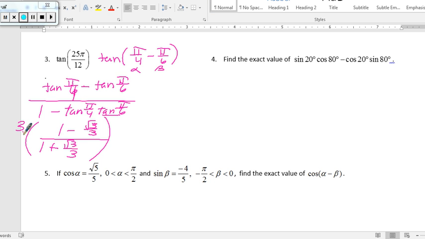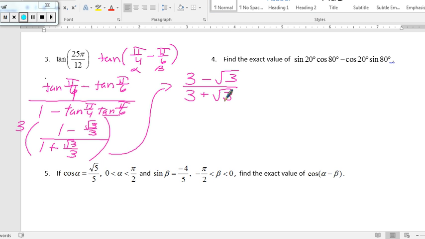Distributing through, 3 times 1 will get me 3. This 3 and this 3 here will cancel, leaving us with minus square root of 3. 3 times 1 is 3, and again, the square root of 3's will cancel here and here, leaving us with plus square root of 3.